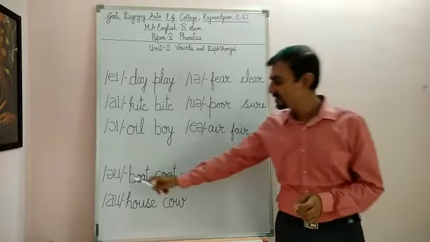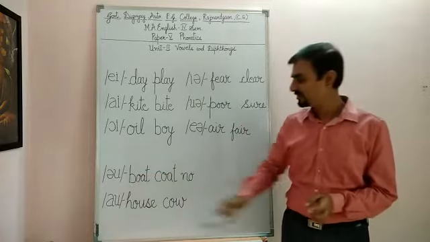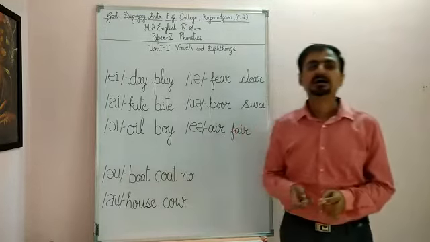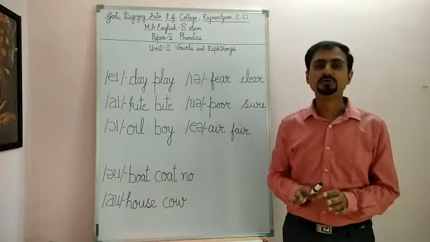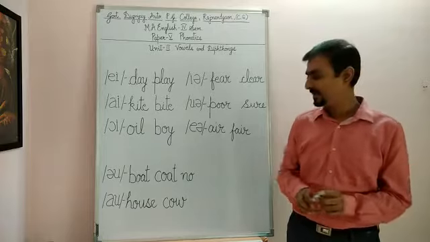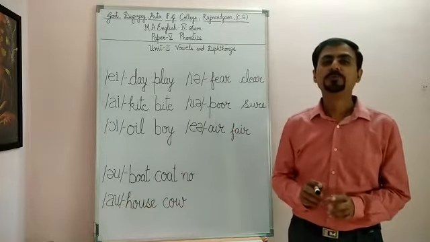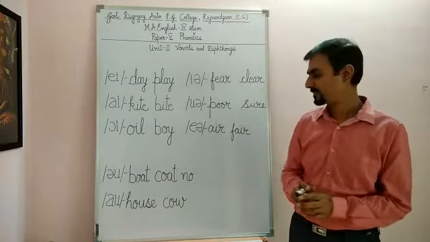Next we have the O diphthong. The first element is the neutral vowel as in about, and the second one is U as in bull.